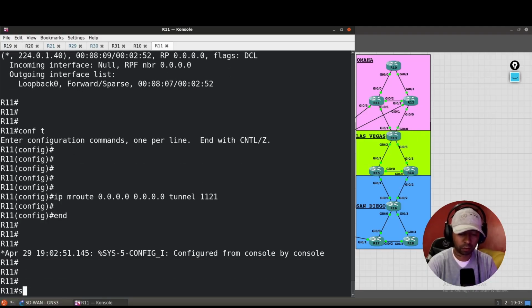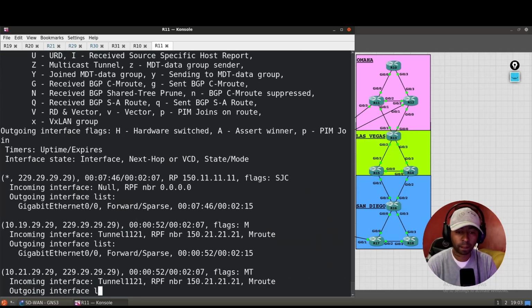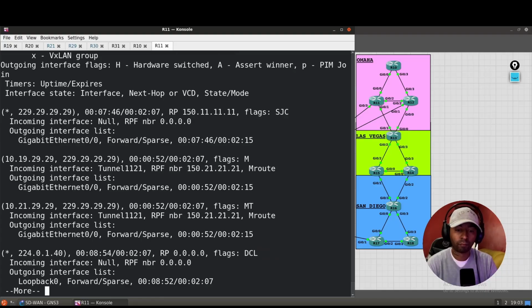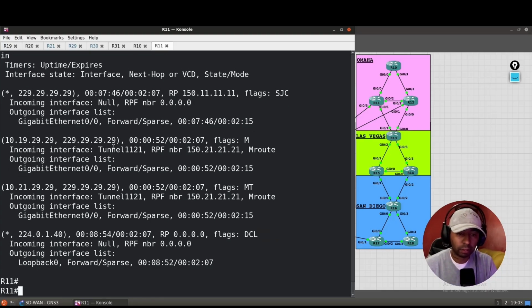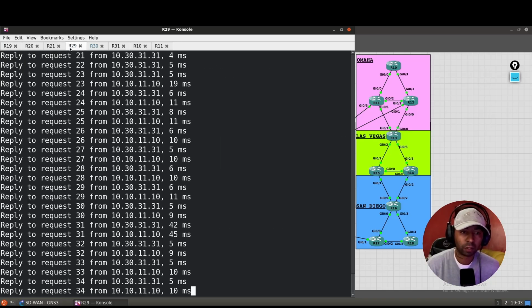Let's check now. Show IP mroute. Alright, that's it. Now the packets are crossing through this tunnel. It's crossing through the tunnel.